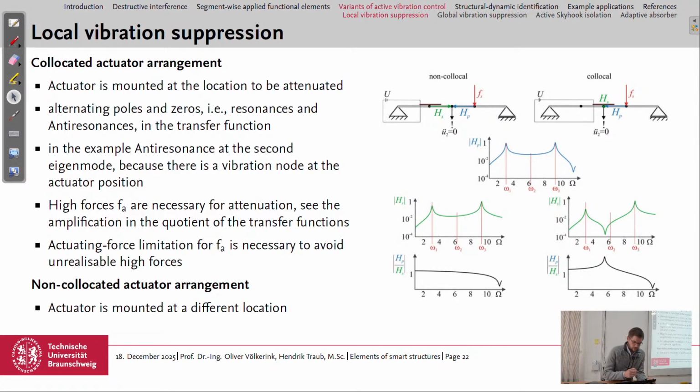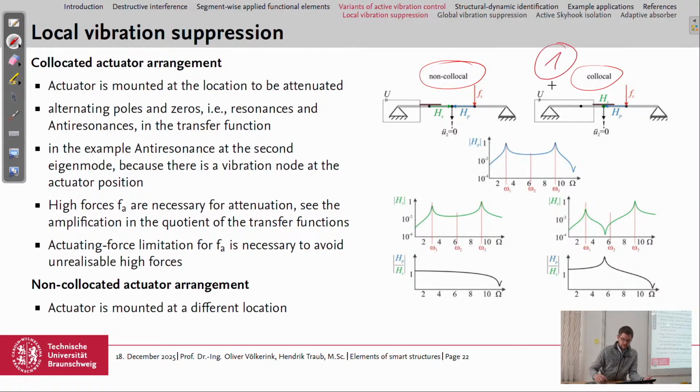This is again a rather crowded slide, but we have a look at it together. We can have two arrangements for local vibration suppression: the collocated actuator arrangement and the non-collocated actuator arrangement. We will have a look at this one here first.